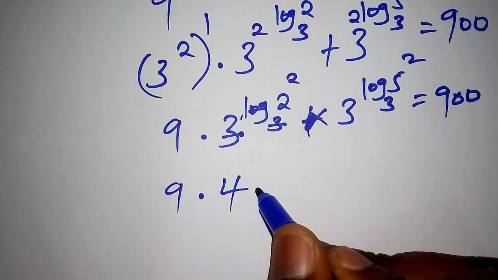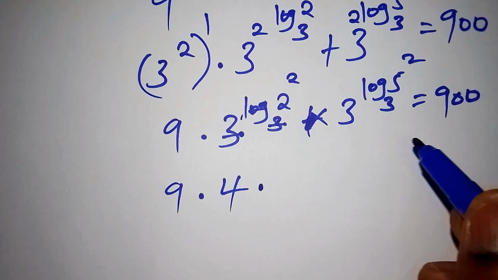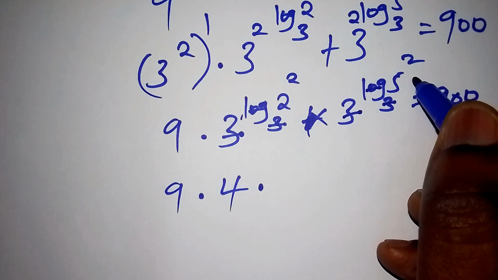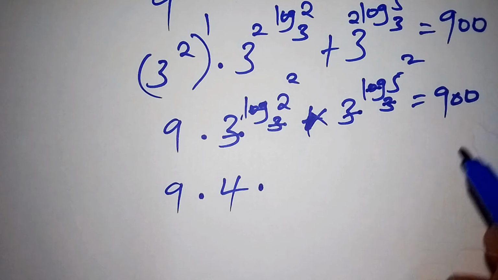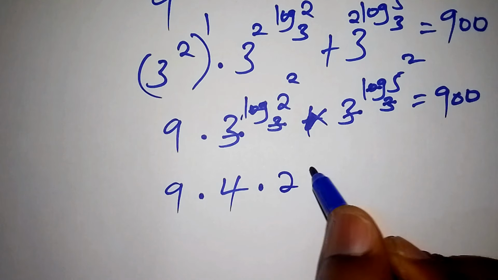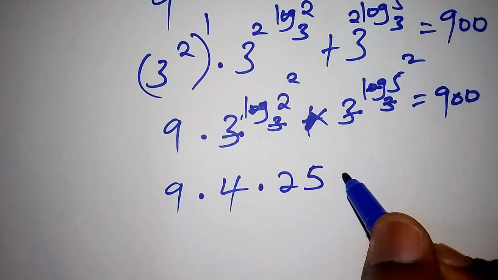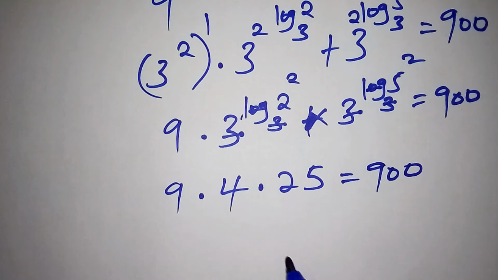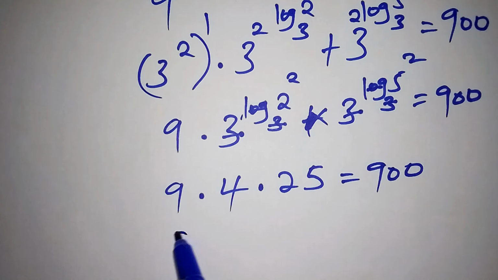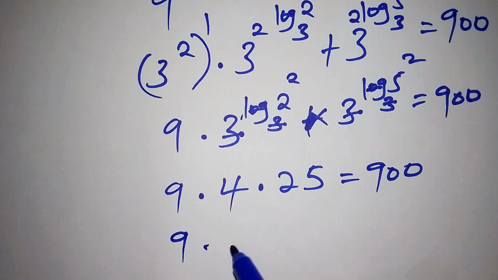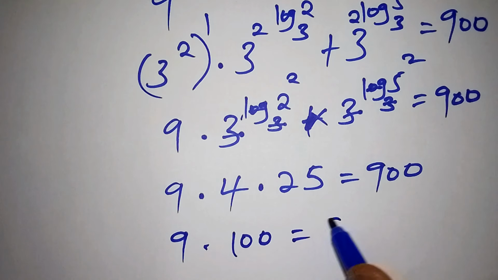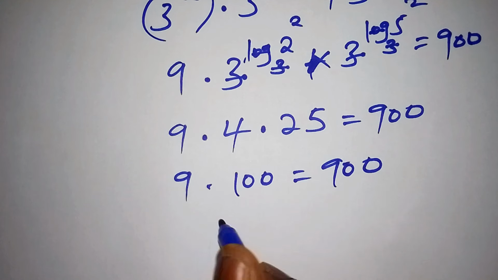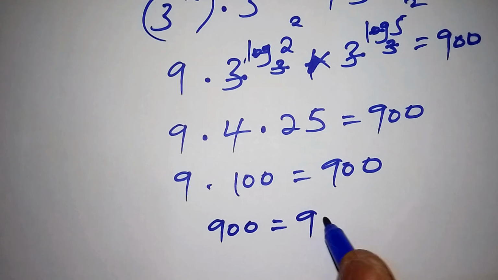Then multiplied by, log 3 to the base of 3 cancels, so now we shall have 5 to the power of 2, that is 5 times 5, that gives us 25, is equal to 900. Now 9 multiplied by 4 multiplied by 25 is 100, is equal to 900. So 9 multiplied by 100 is 900, is equal to 900.